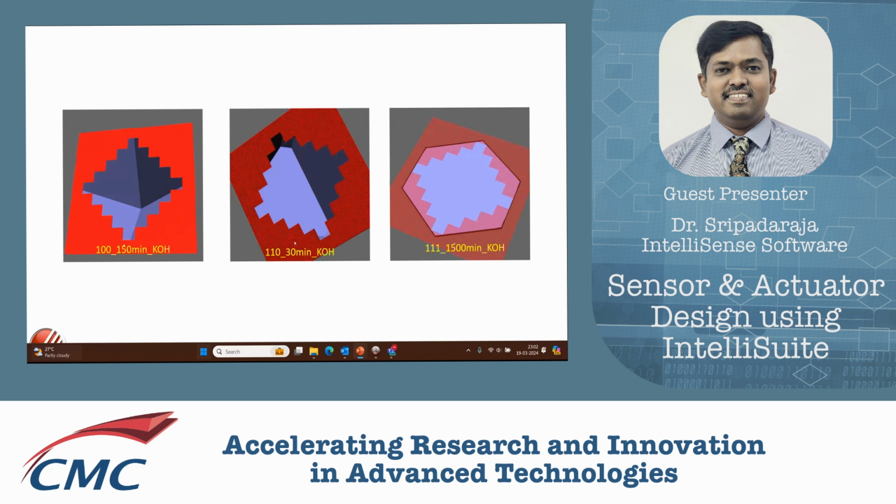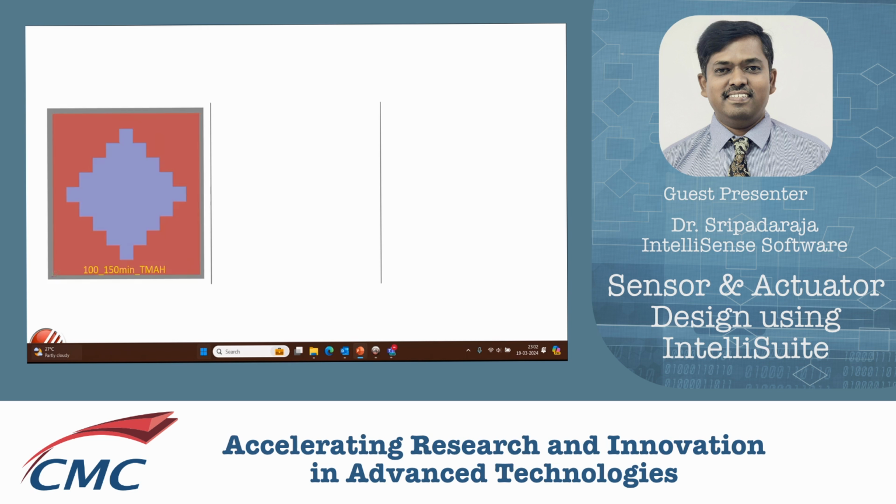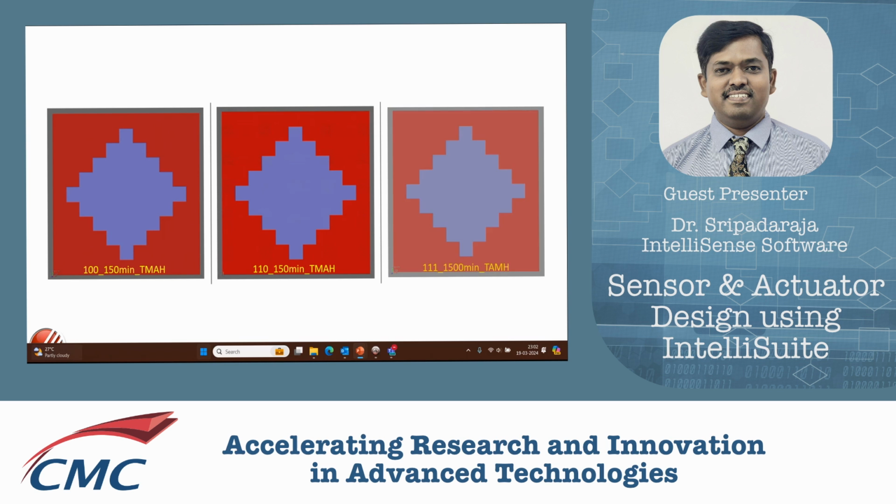So this study can be done to optimize your wet etching parameters. And all of these results are based on an experimental database. If you are using TMAH, you can as well use it with TMAH in combination with Triton, KOH plus IPA.